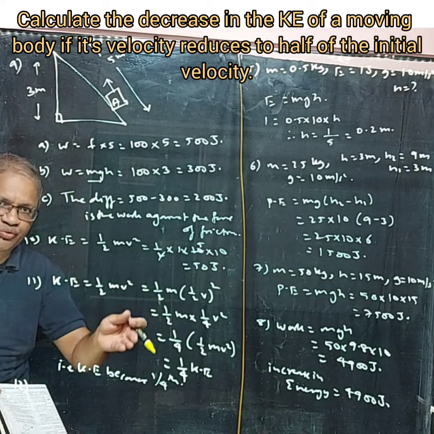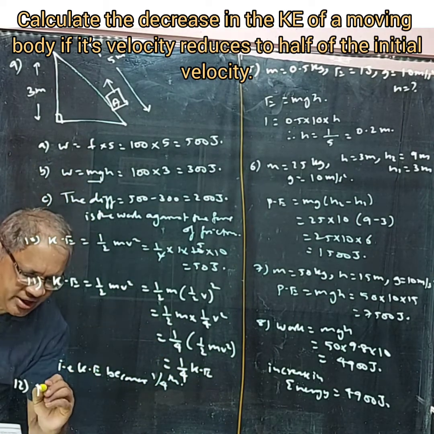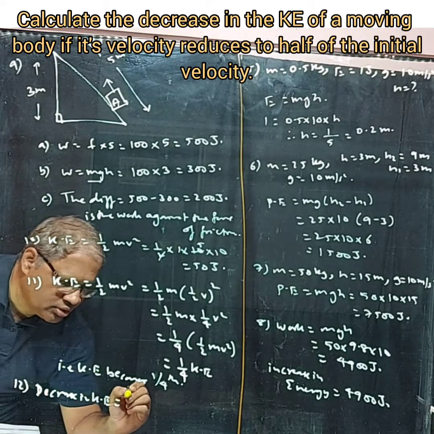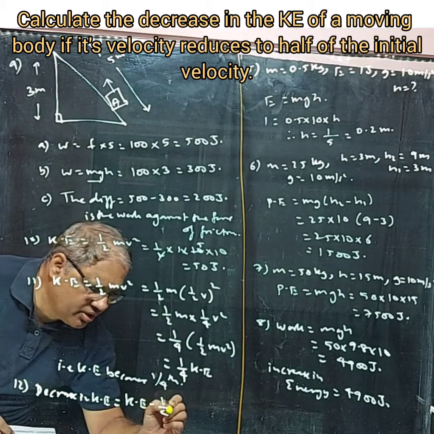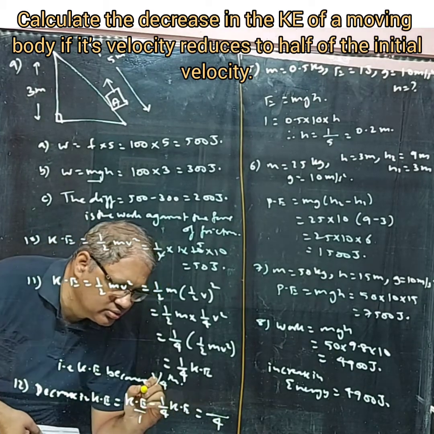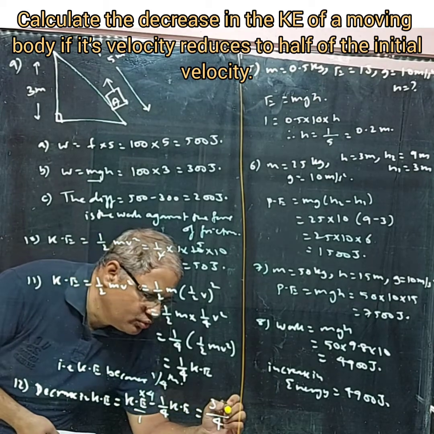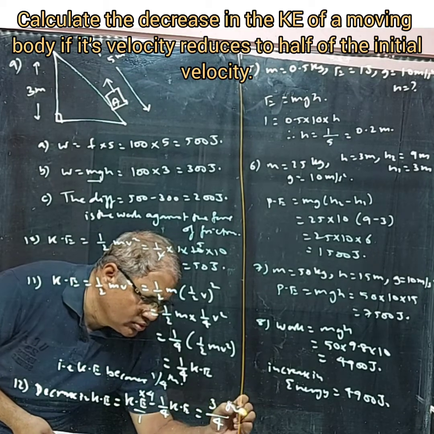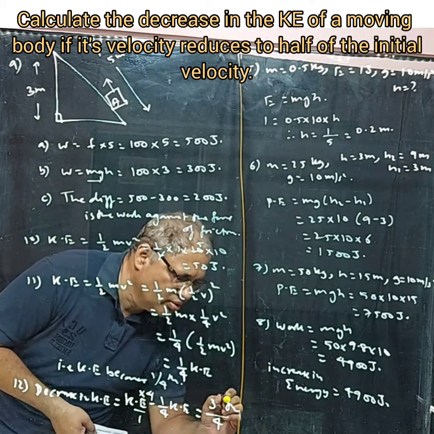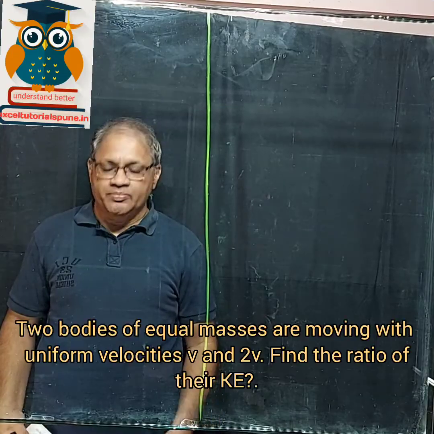The same working you do for that. So decrease in kinetic energy is kinetic energy minus 1 by 4 kinetic energy, that is 3/4. So the kinetic energy decreases by 3/4. Now the 13th sum.